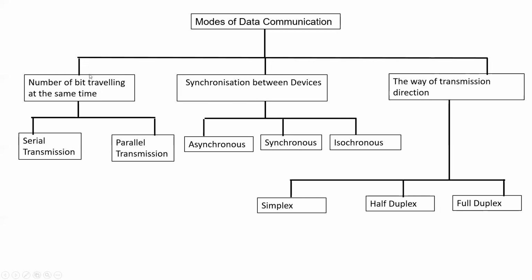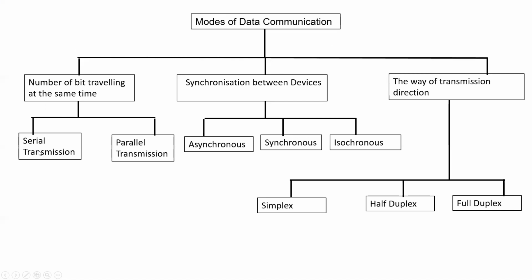First we will see serial transmission and parallel transmission. We are transferring the data from source to destination, and we classify the modes according to the number of bits traveling at the same time.